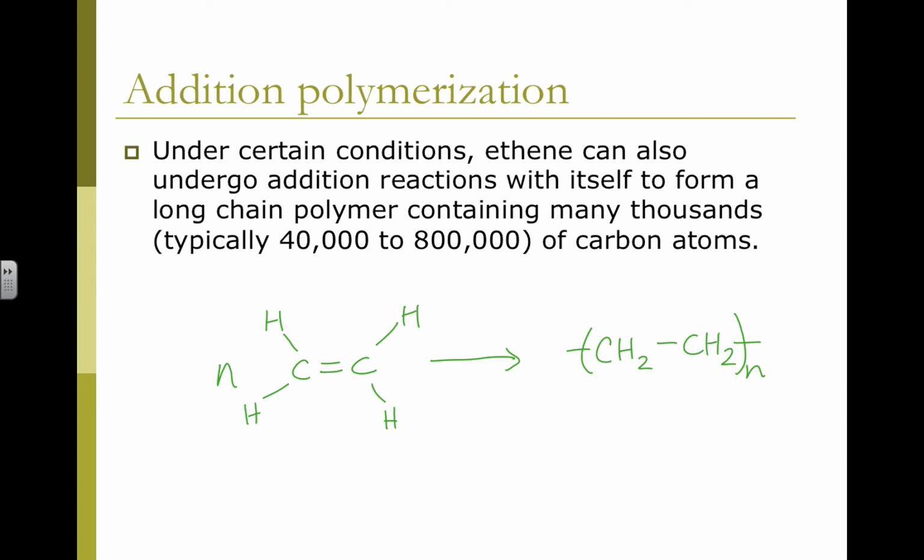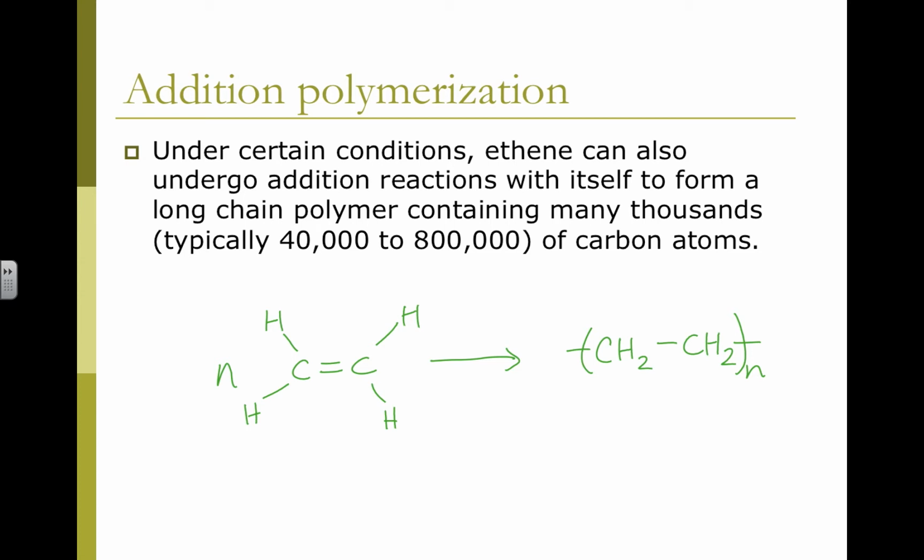Our other reaction that alkenes go through is called polymerization, and this is addition polymerization. We're going to see that there's other types later on. But this is an addition reaction. We're going to add a bunch of molecules together.